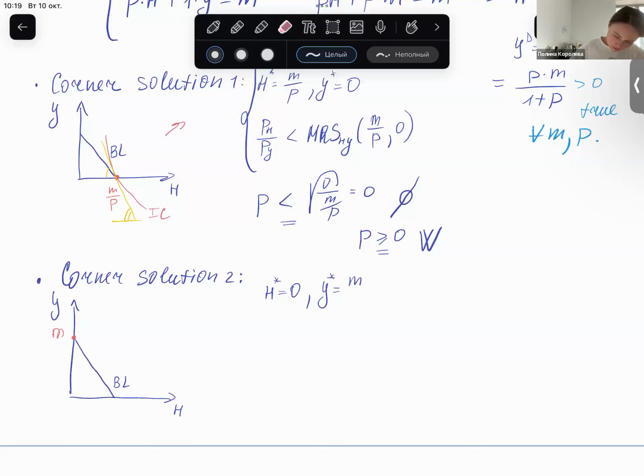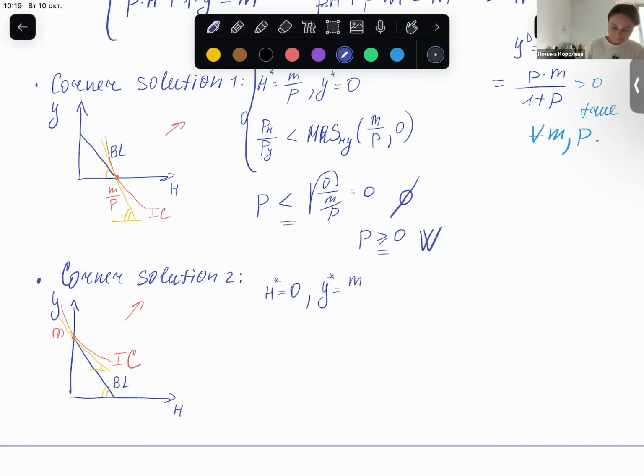with the budget line in this point. This is the indifference curve, and the arrow shows the direction of utility increase. So pay attention that I always name all lines and I always draw the direction of the utility increase. You see that in this point, to be the solution, the slope of the indifference curve should be lower than the slope of the budget line.